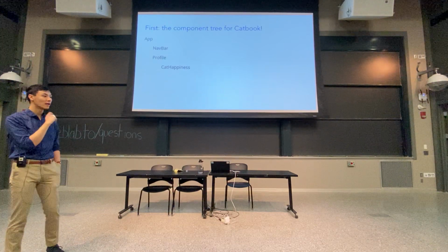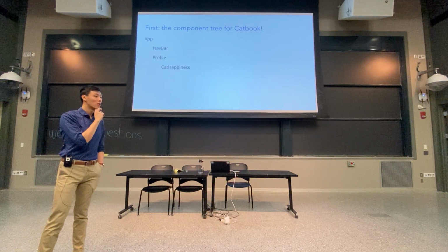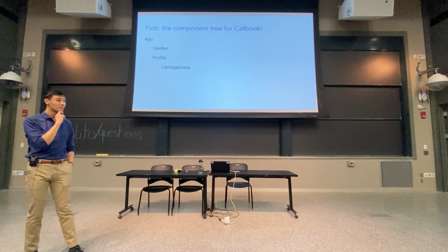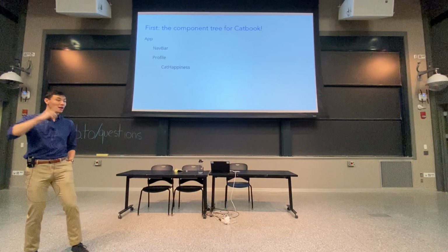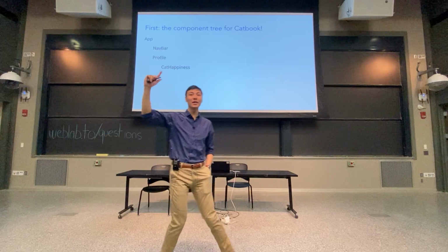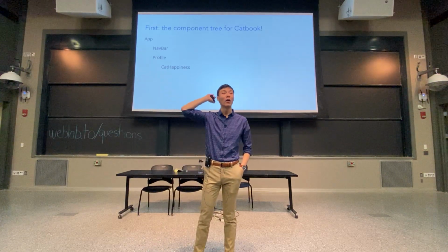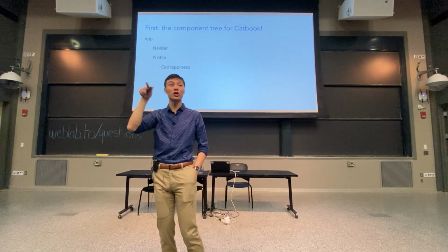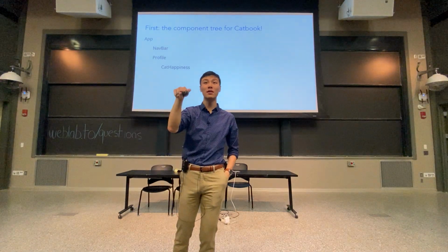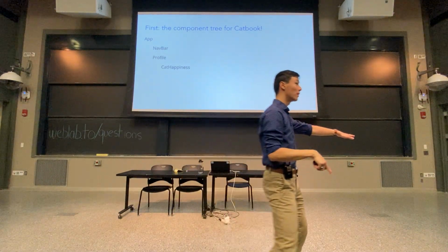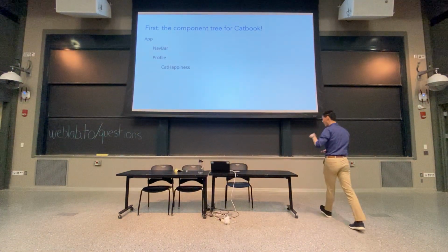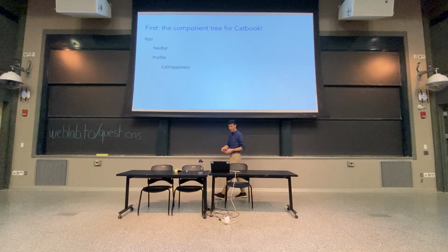Why not? Yes. In the profile, because you need to know that to make the count. Exactly. Cat happiness has to live in profile because profile has the profile picture you're clicking to change the cat happiness, so it can't live lower. Very good. So profile has the state cat happiness.